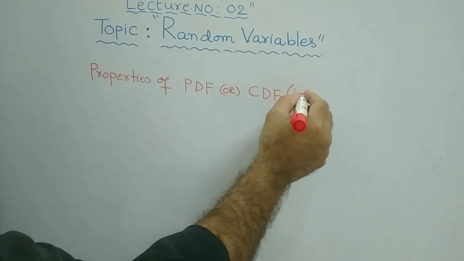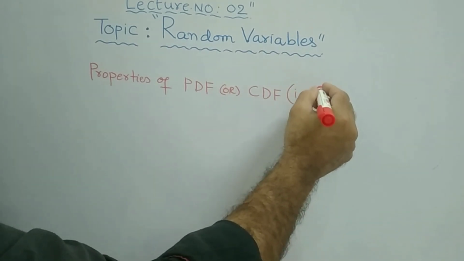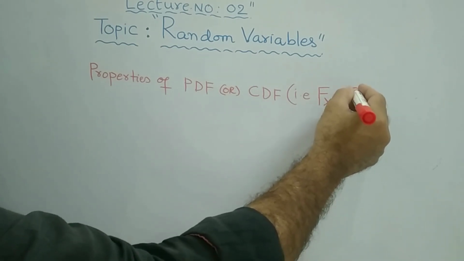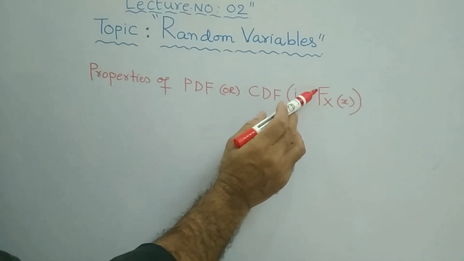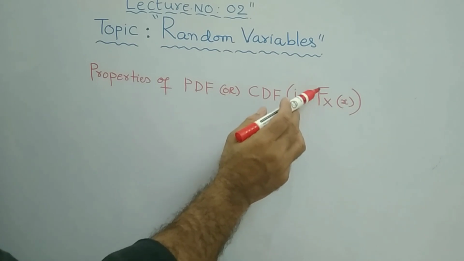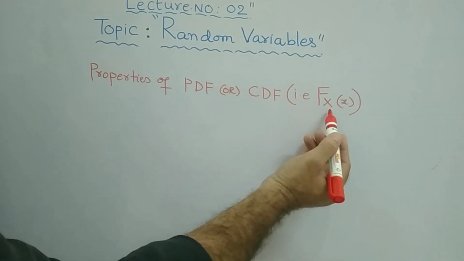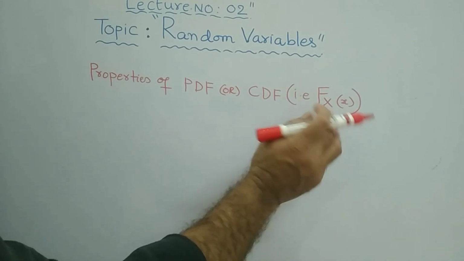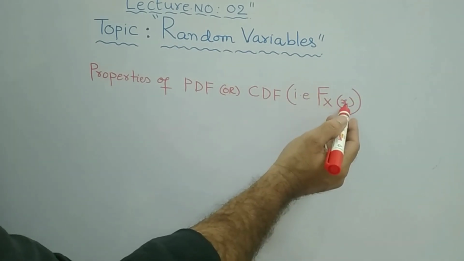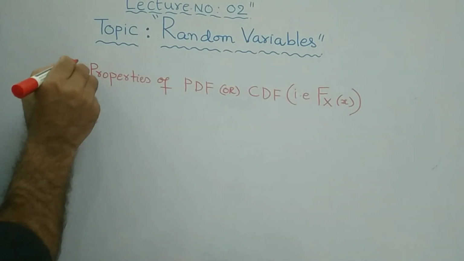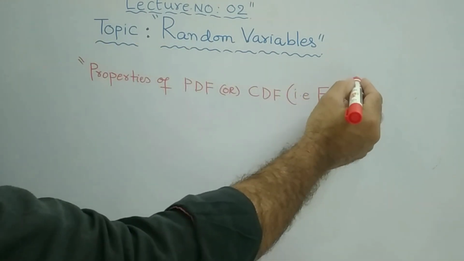Always remember, it is capital F with suffix capital X and small x in brackets. This means it is the distribution function. The representation of the function is with capital F, meaning PDF or CDF, and capital X identifies the random variable X, where small x is the possible value of that random variable X, right?